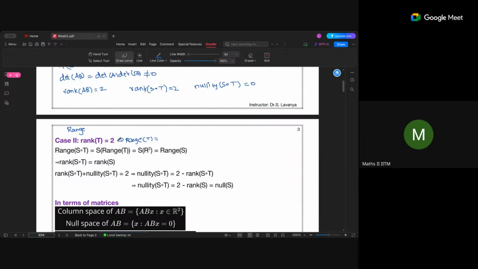Rank is the dimension of the subspace. Which subspace of R2 has dimension 2? Range of T is a subspace and it is given that the dimension of the subspace is 2. So what should be the range?